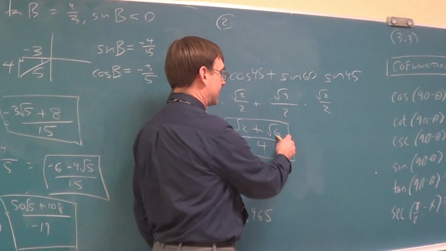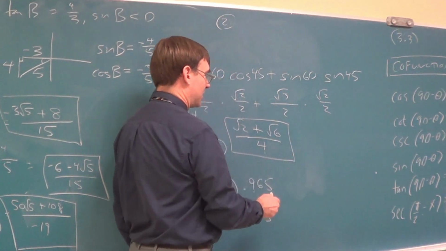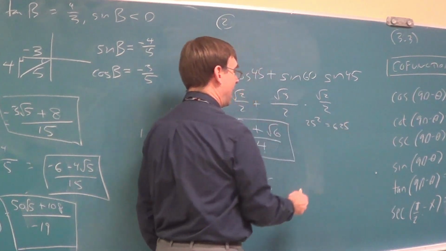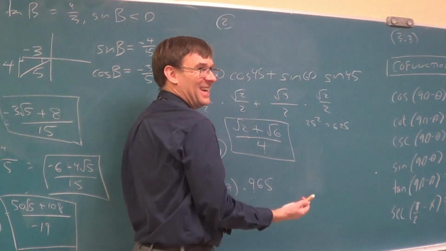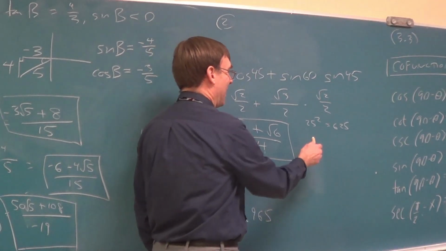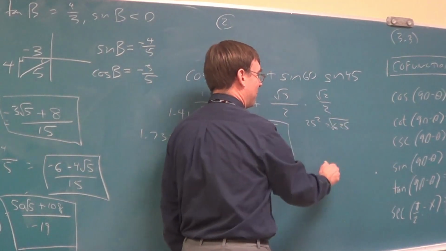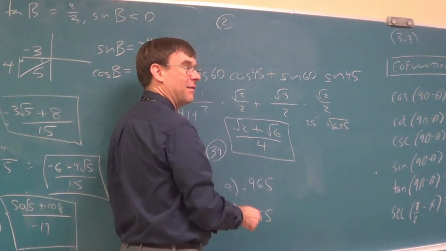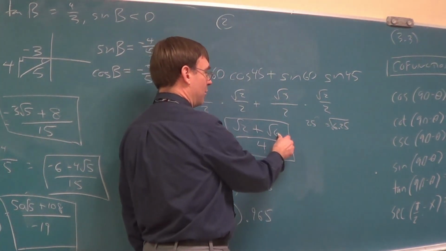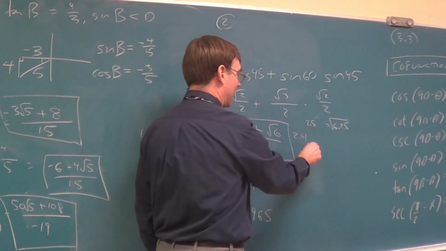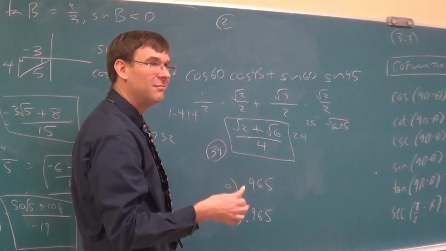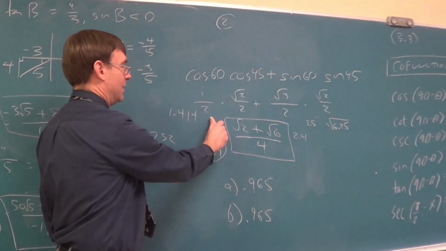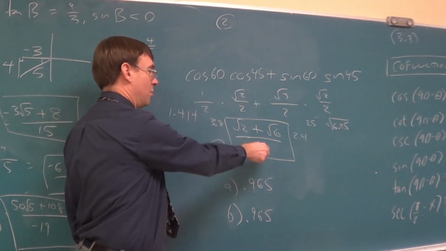Root 6, I know 25 squared is 625, so that makes this easier. In other words, if I rooted 6.25, it would be 2.5. So I'm thinking root 6 is a little less, 2.4-ish. So I got 2.4 and 1.4 is somewhere in the neighborhood of 3.8 total, dividing by 4.